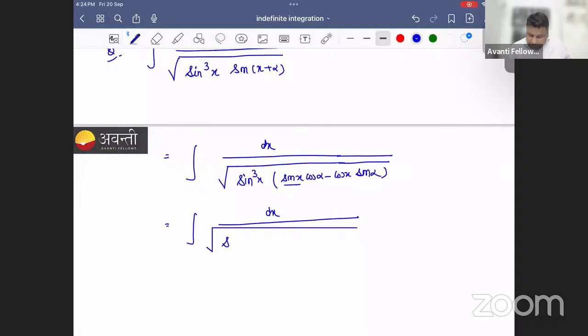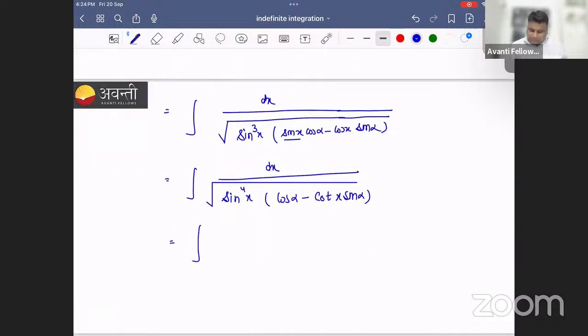So outside you will have sine to the power 4x. Inside it is cos alpha minus cot x sine alpha. I took sine x out of the bracket.